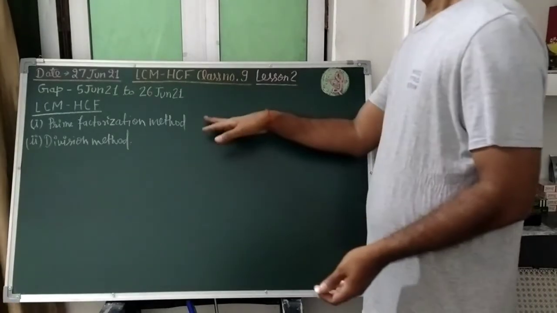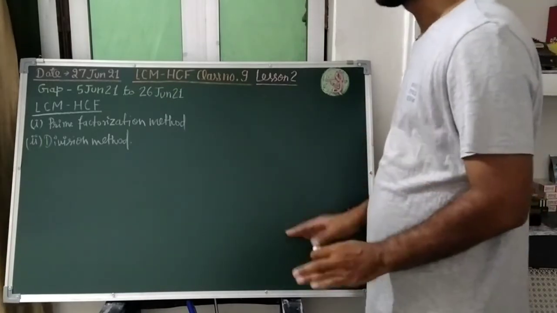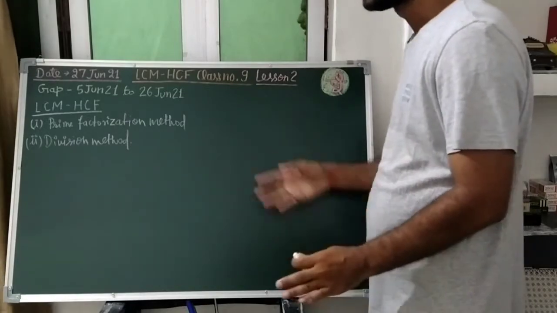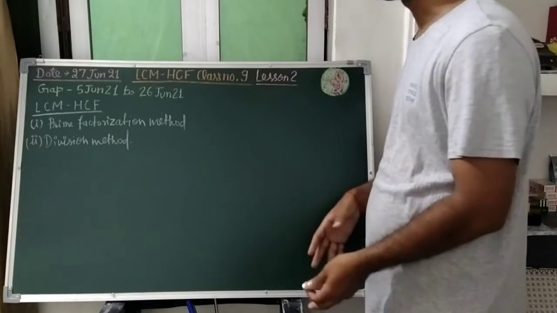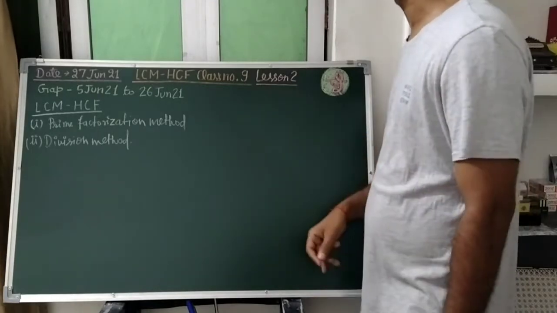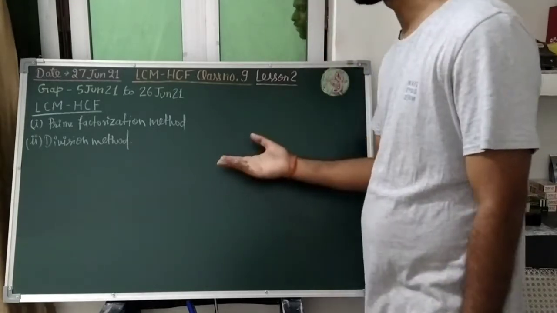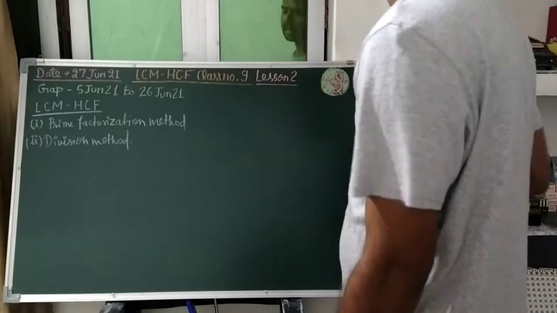If you have understood it, it's good. If you have not understood, that's also okay, because the division method is somewhat easier, and we shall discuss it also. Whichever method you find easy, you can go with that method.